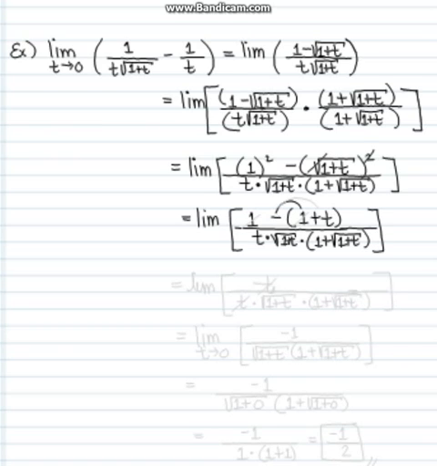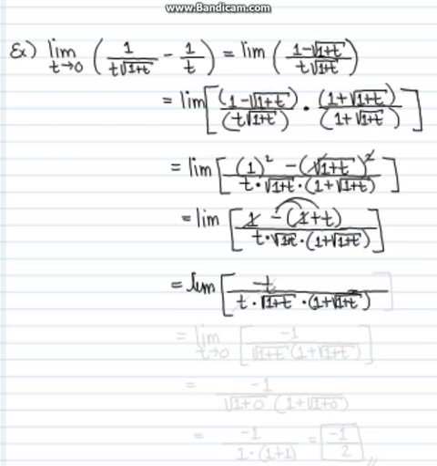Now distribute this negative sign, and we get the limit of 1 minus 1. They're going to cancel each other out, and this will be negative t. That's negative t over t times square root of 1 plus t times 1 plus the square root of 1 plus t.